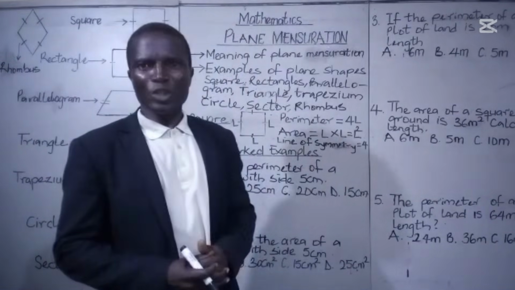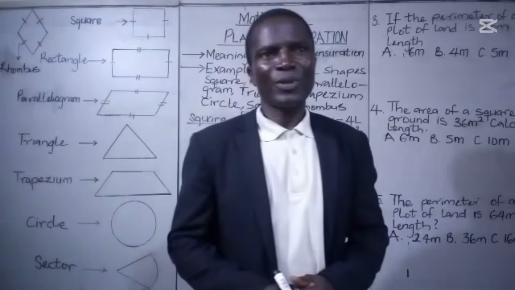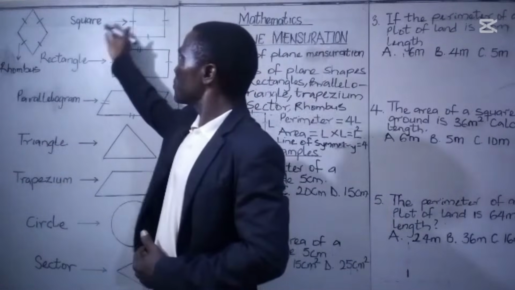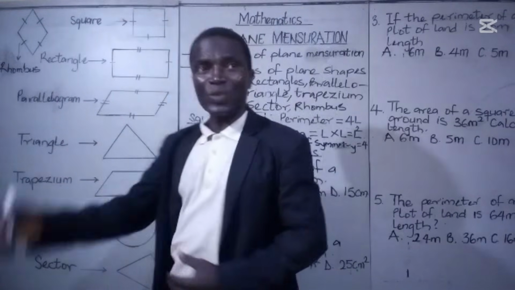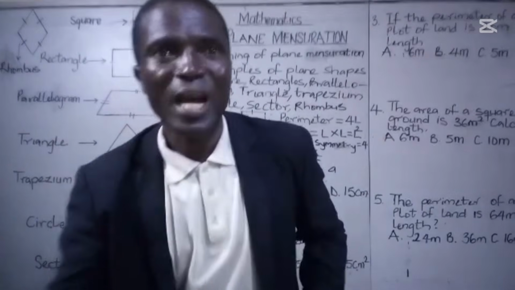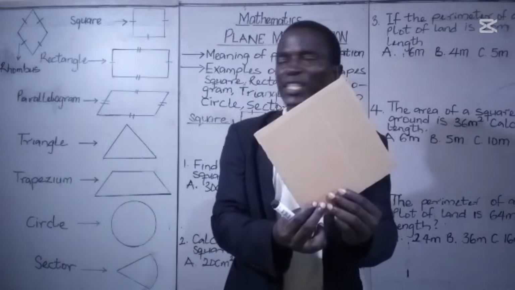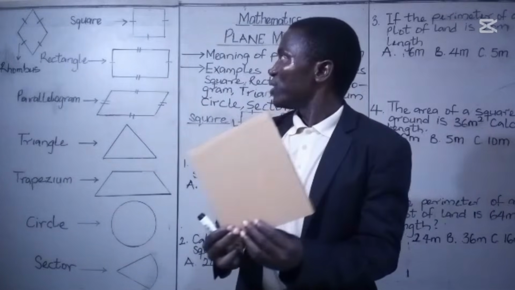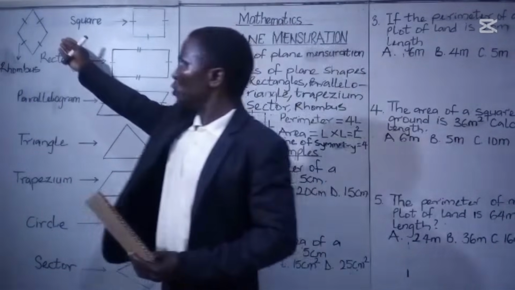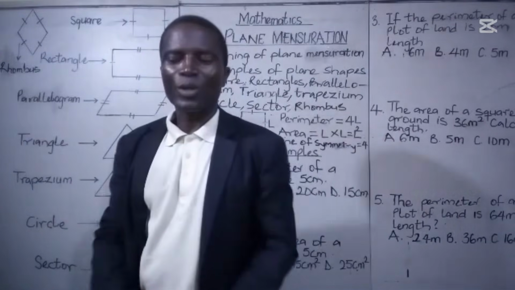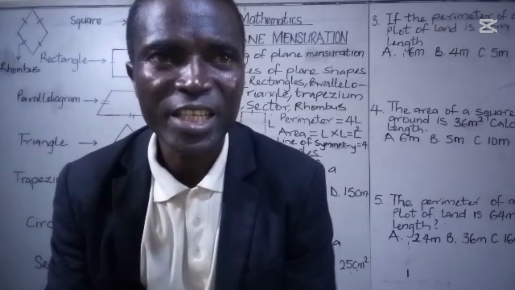An example of such plane shapes is the square. When we say square, this is an object. This is an example of a square, a plane shape. Then we equally have another one, rhombus.